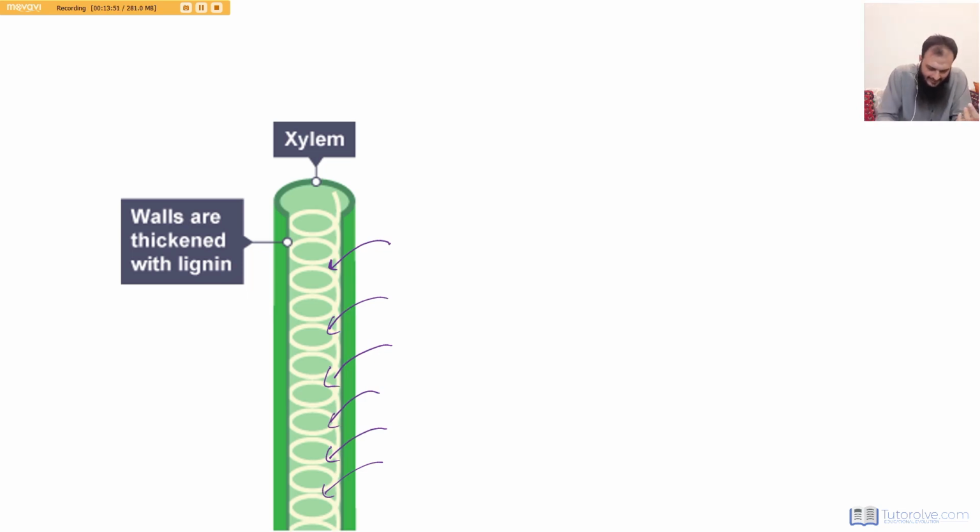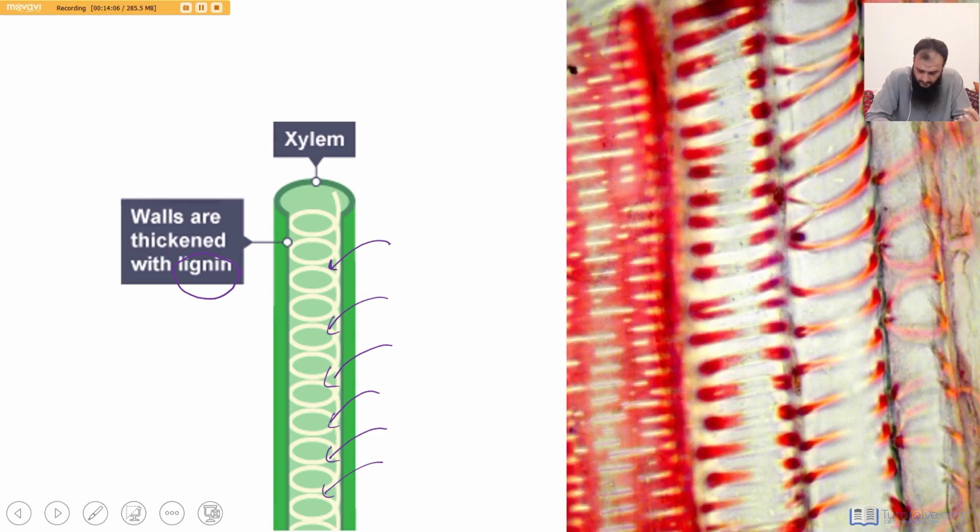Okay, you call that thing as lignin. It's a dead material which is deposited within the xylem vessel, which basically gives mechanical support to the xylem vessel. Now, the picture on the right-hand side is a real photomicrograph, and these red things, they basically depict the way lignin is deposited in different ways in the xylem vessel.